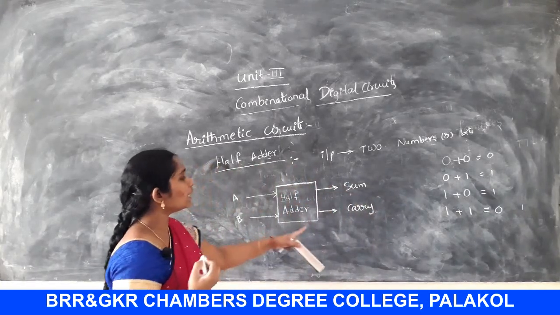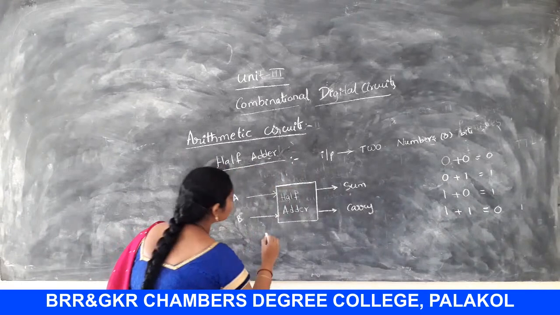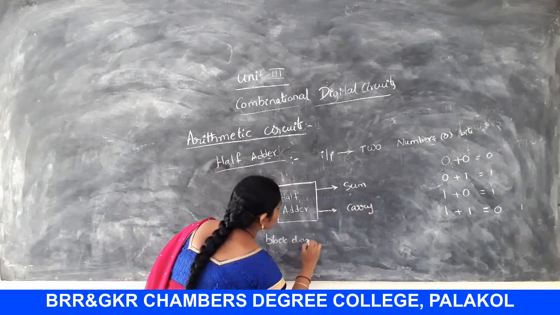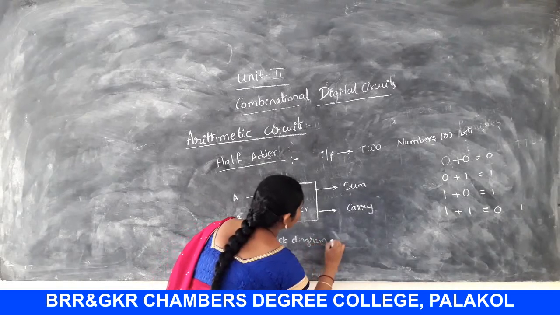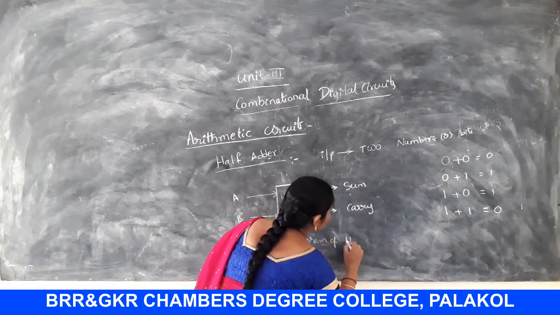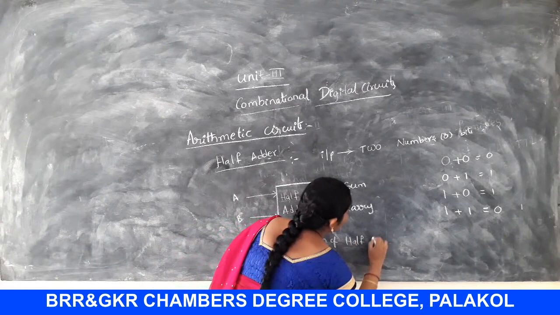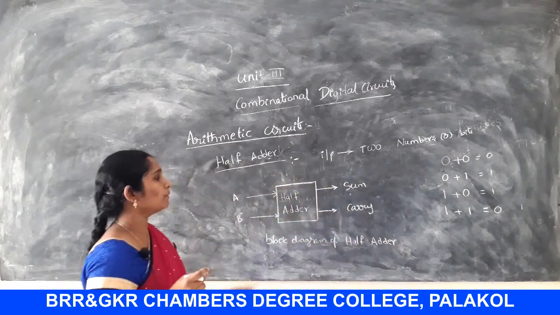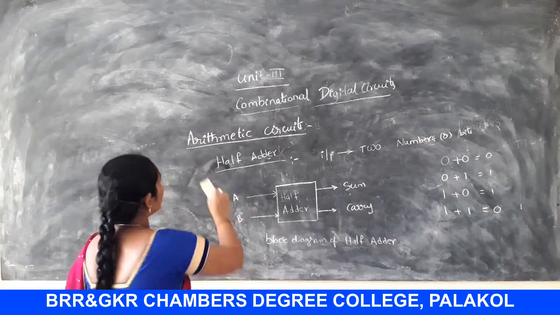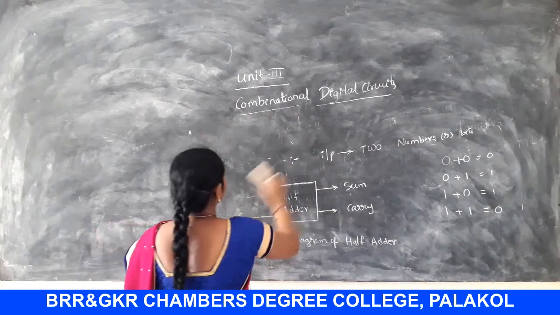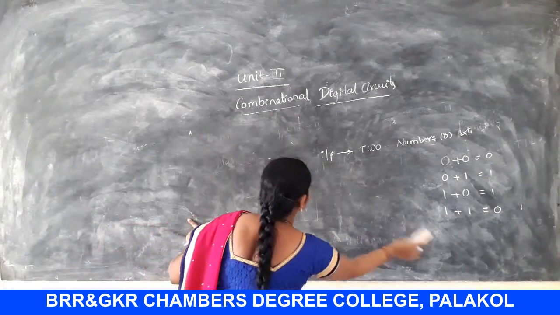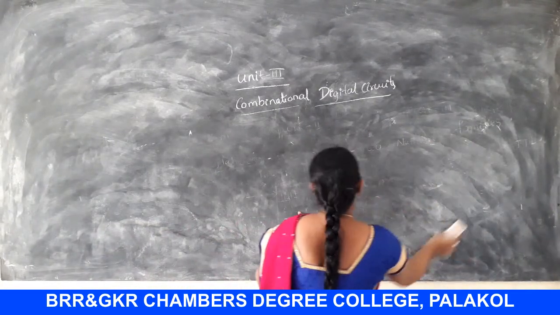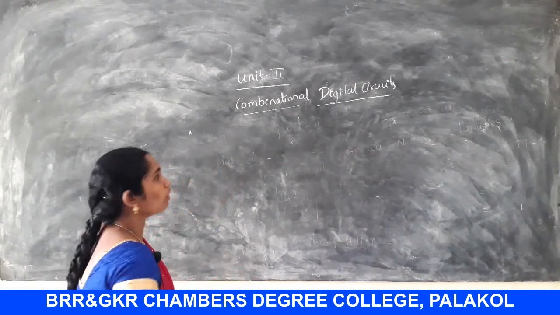So this is the block diagram of the half adder. Now we will move to the truth table of this half adder.